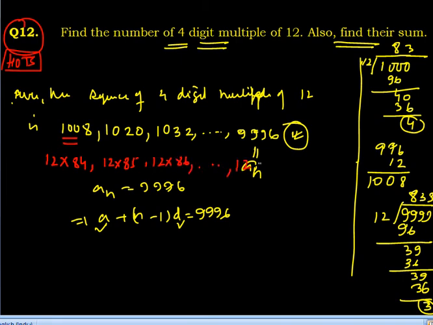And what is the last? 12 into 833. To find the number of multiples, it is very easy: take the difference of 833 and 84, and add 1 to that difference; that is the total number of multiples of 12. You can use this idea for finding the number of multiples when you do it in the exam.